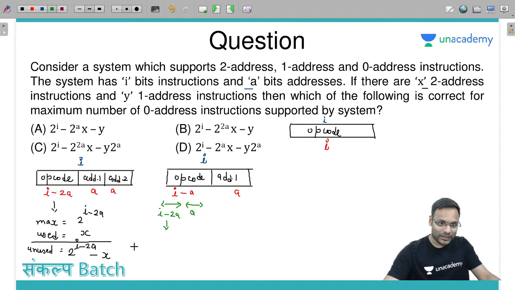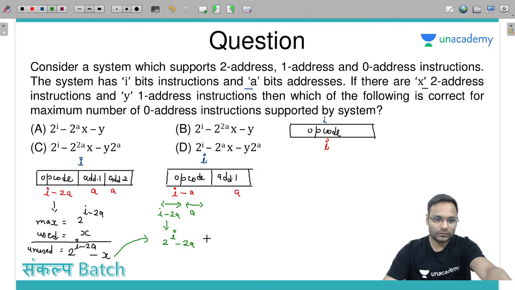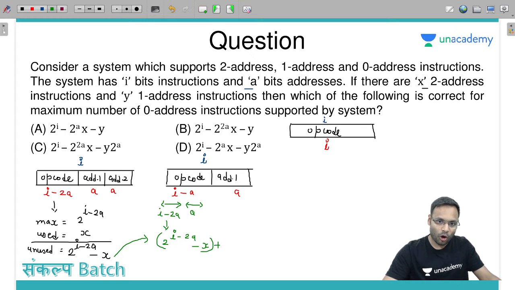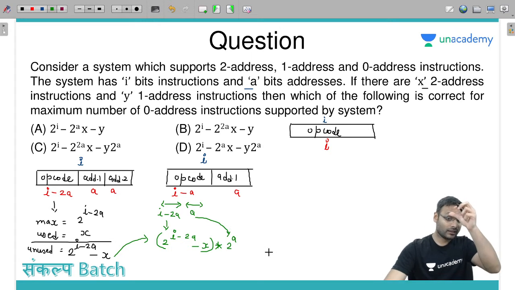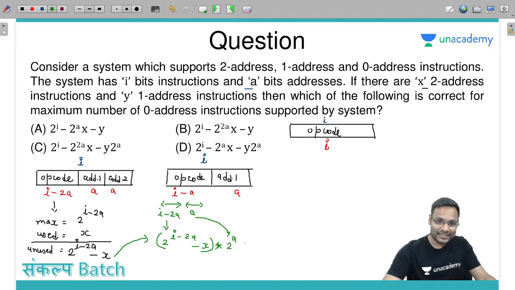Previous level opcode bits, how many unused combinations are we getting? 2 power I minus 2a minus x, into all the combinations of a bits, which is 2 power a. Let's multiply this 2 power a inside. You will get 2 power I minus 2a plus a minus x 2 power a.